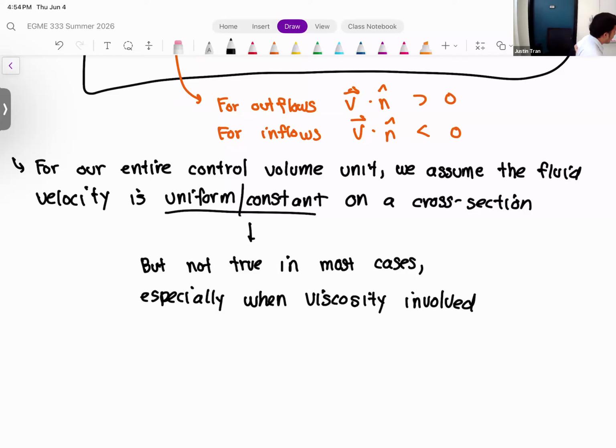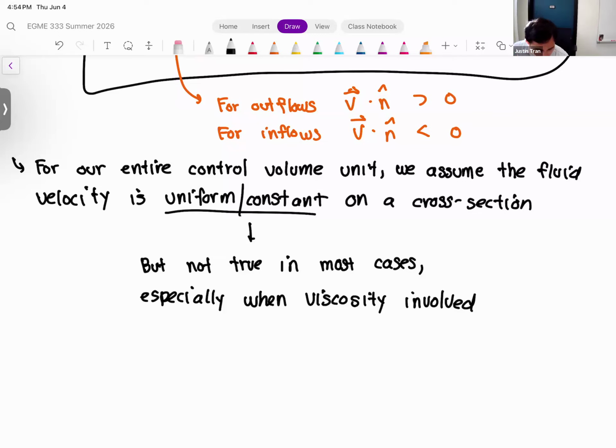So one thing we'll learn, after the control volume unit here, once we start to get to Navier-Stokes, is that the velocity profile or the velocity field actually does change with space. Okay. So one of the most iconic velocity profiles that we'll learn and kind of go over is what's known as the parabolic profile, right?